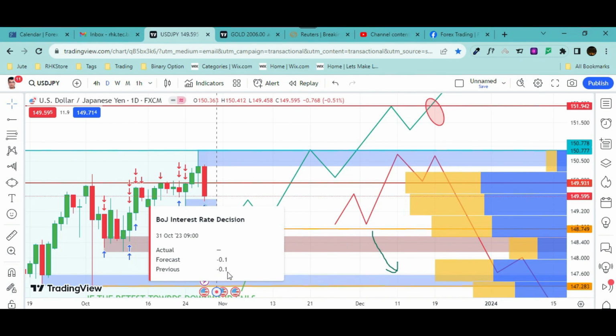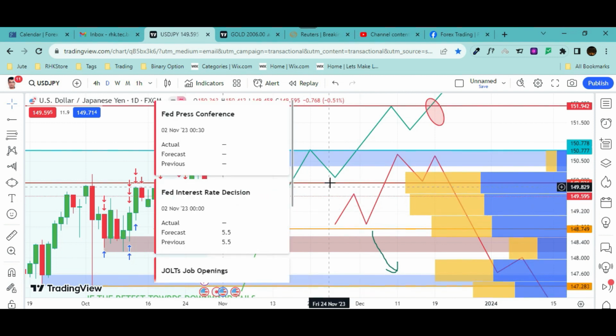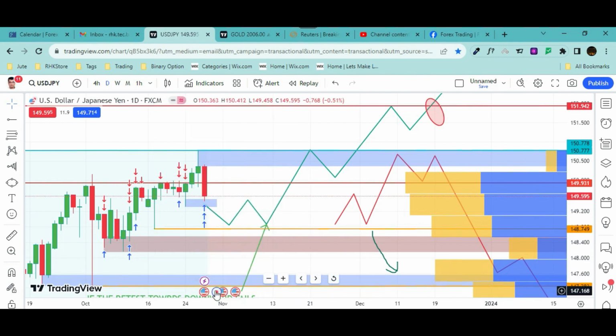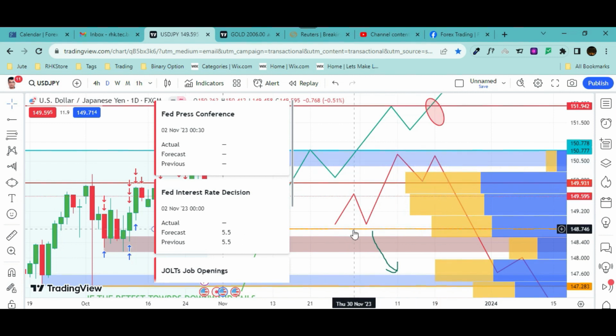But if it remains the same, there is a separate path like this, and if it goes high, it may break from here. But if it remains the same, then I think it will go, retest and break down, and the chances of going down are much higher, as the fundamentals show that the US dollar has been overbought so far.